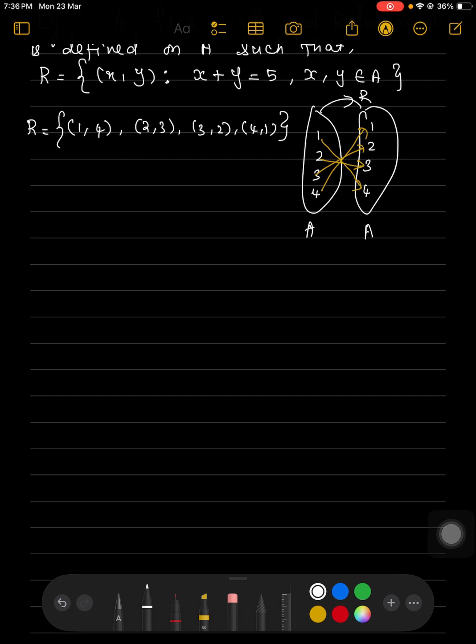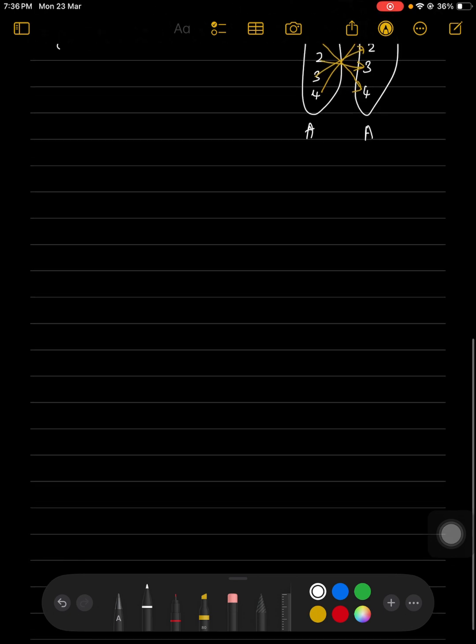Now let's see what is the first point in class 12. The first definition is empty relation. The name itself clearly tells that in the relation there are no elements. It's empty. So let's see the definition as well as an example.